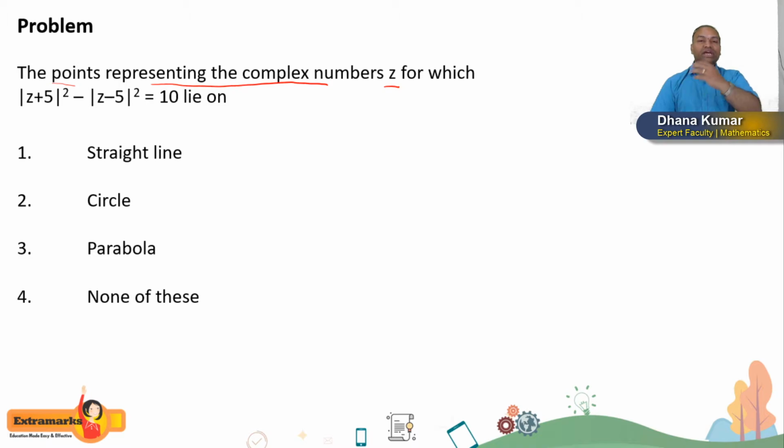Suppose in case you forgot those complex number formulas, then what is the next step? For complete locus problems, whatever the question may be, the procedure is to put z is equal to x plus iy. Understand my point?